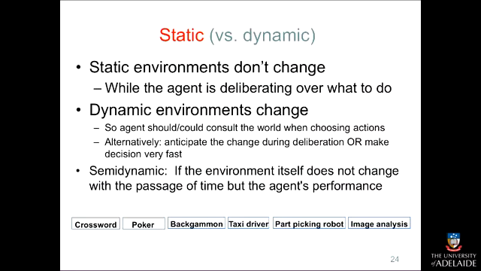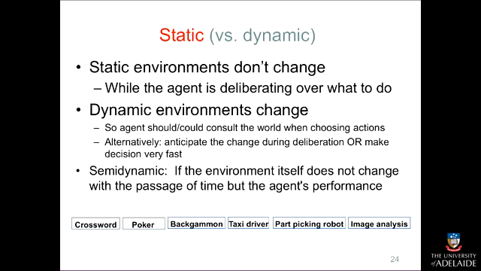And likewise, static versus dynamic. So a static environment is one which doesn't change over time. Or in particular, for the purposes of an agent, a static environment is one where it doesn't change while the agent is deciding what to do. Okay, so that's a slightly broader definition.